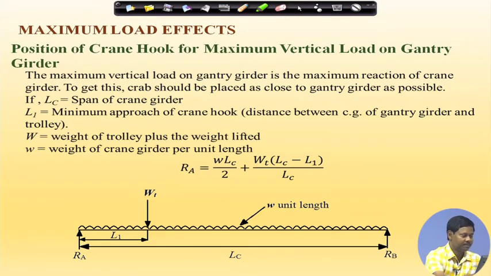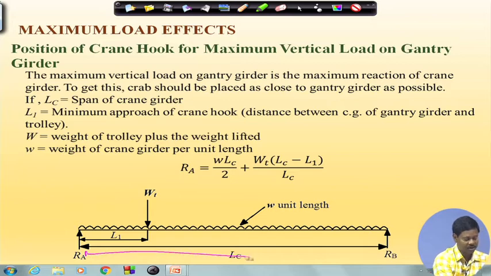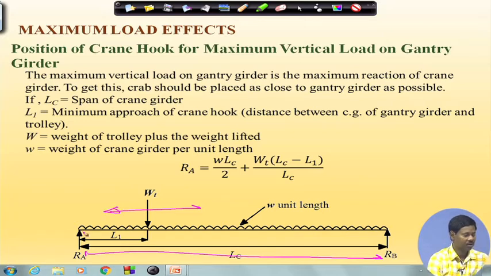Now, coming to maximum load effect. So, maximum load effect means it depends on the position of the crane hook. So, if this is the crane length, then the trolley can move from this direction to this direction, right.